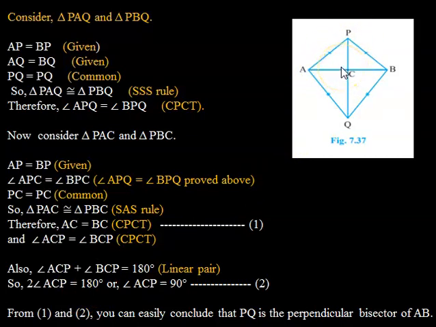If this is 90 degrees, then the other is also 90 degrees, which means it is perpendicular. And already these two triangles are congruent, so obviously AC will be equal to BC. So we can conclude that PQ is the perpendicular bisector.